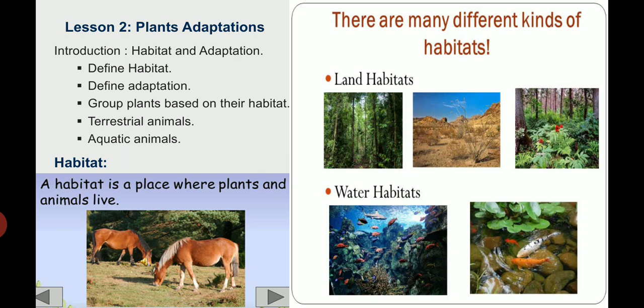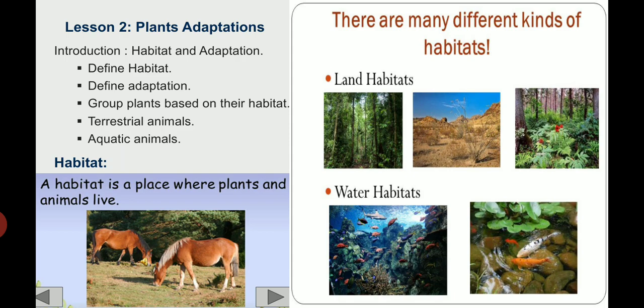Now tell me, lion, tiger, and kangaroo, can those animals live at home? In our home? No, they cannot live. So animals or human beings, we have our own place to live freely, right? Yes, that is a habitat.